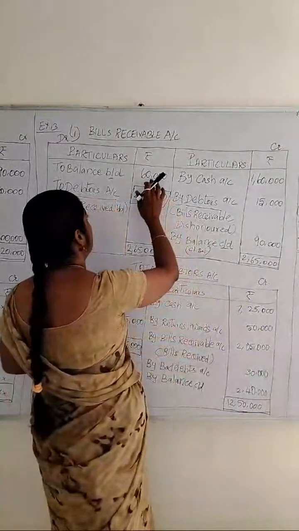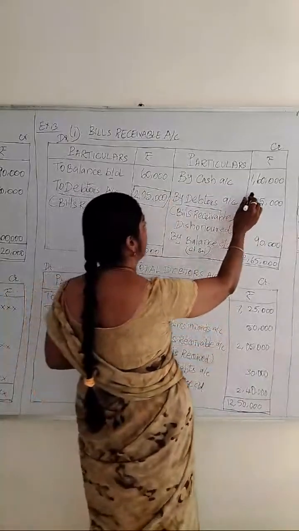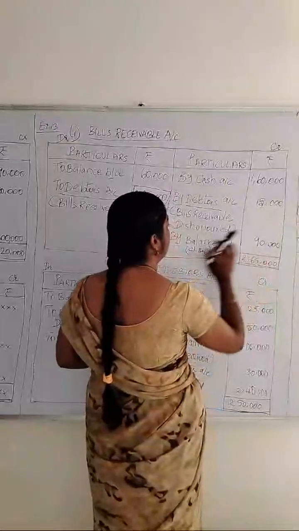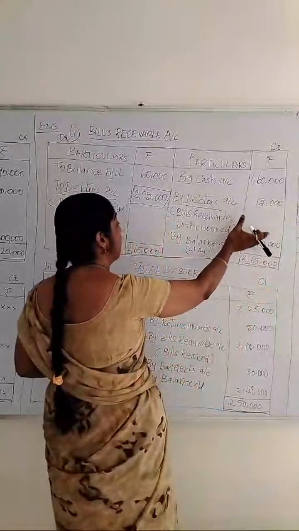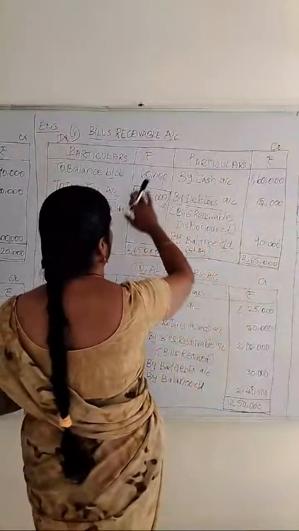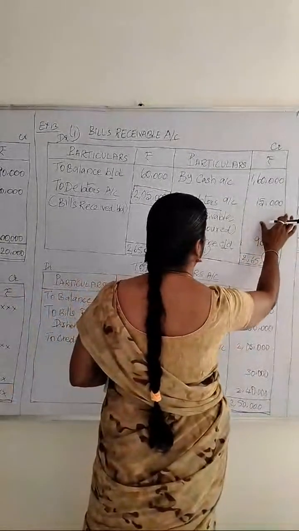On the debit side we have only one value, that is 60,000 rupees. On the credit side, the values are 1,60,000, 15,000 and 19,000. So the credit side value is higher than the debit side value.